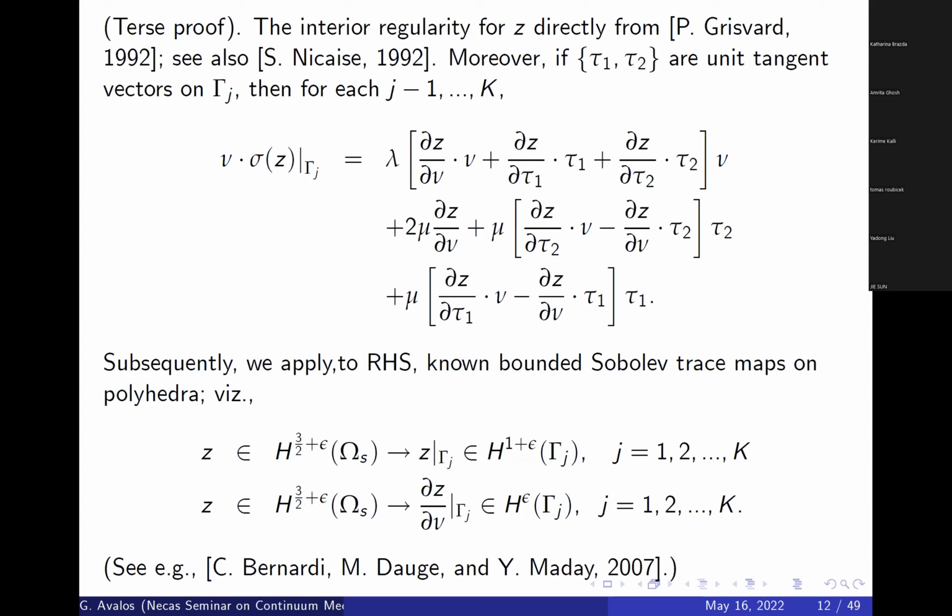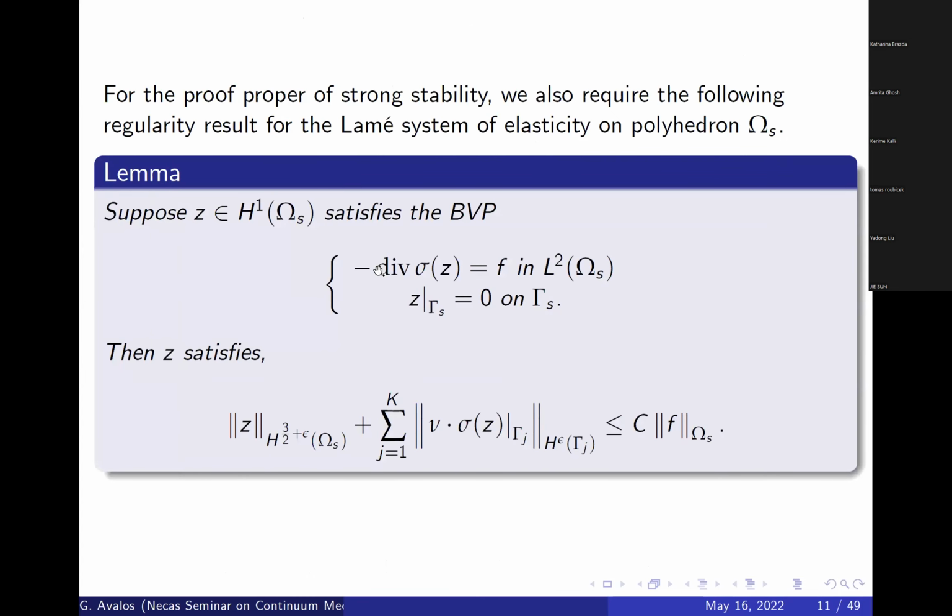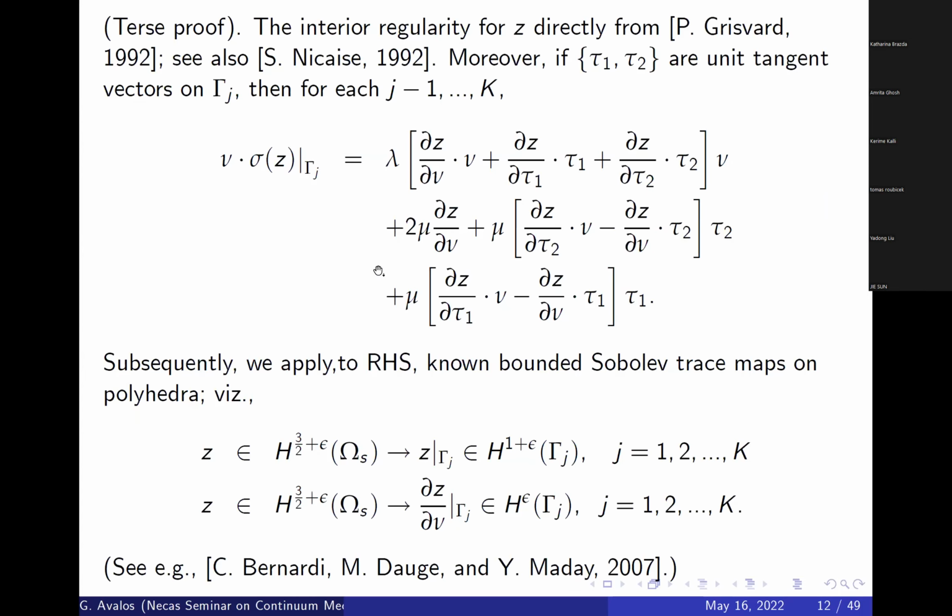And so you get the flux in terms of the right-hand side, where lambda and mu are the associated Lamé parameters with respect to the thick system of elasticity. And so, subsequently, you can appeal to estimate the right-hand side.